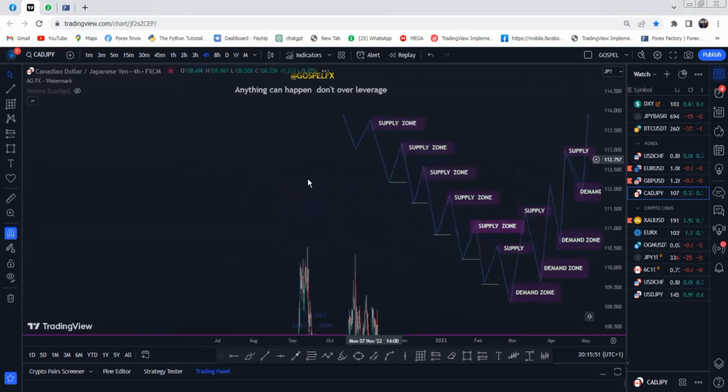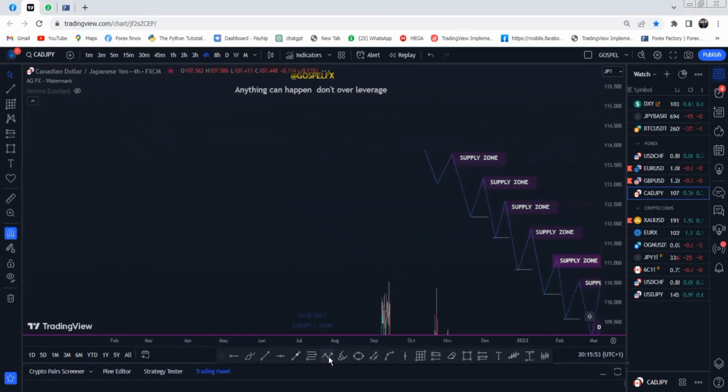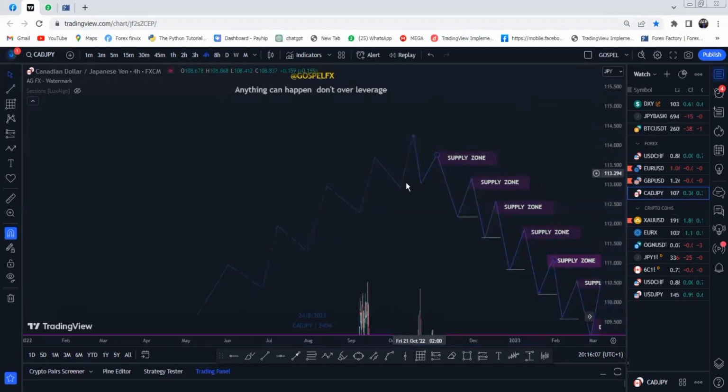At this point here, before this downtrend, we were having an uptrend. What happened is that at this point, supply became more than the demand, and then it started to break structure down.